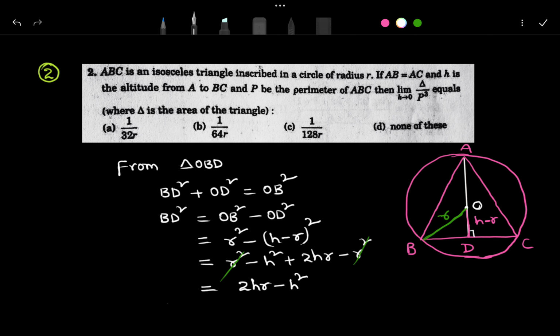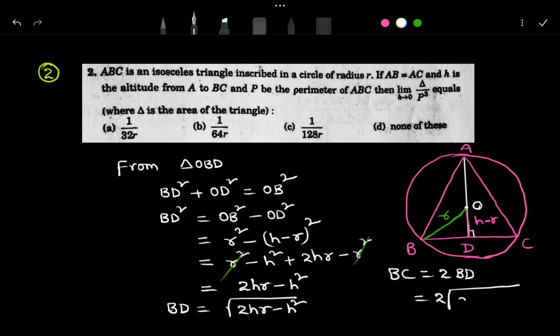So BD is equal to square root of 2h into r minus h square. If you know the BD value, BC will be equal to 2 into BD. So BC is 2 into square root of 2h into r minus h square.